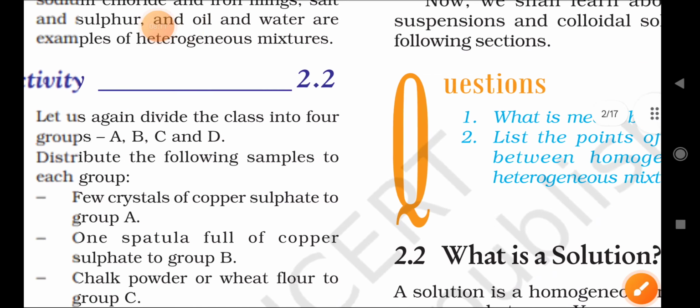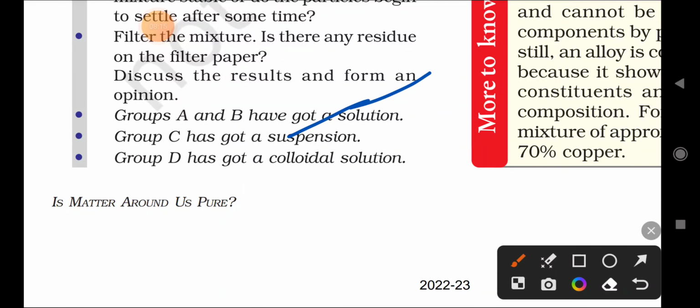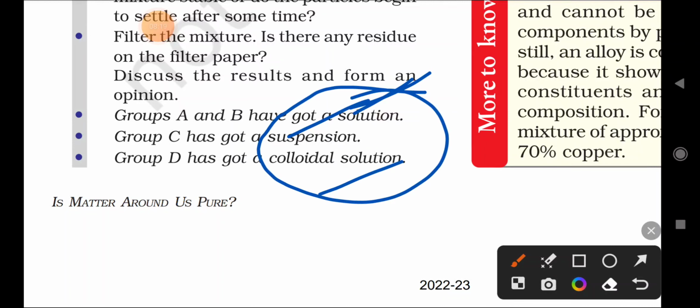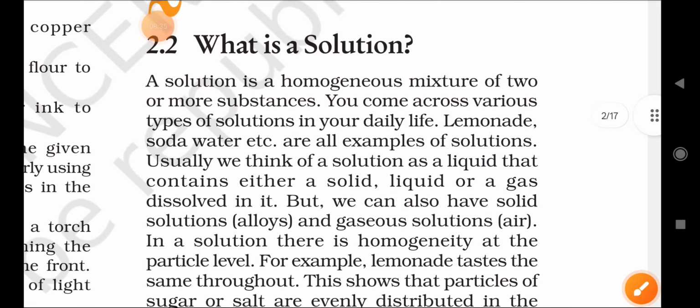In this activity we obtained a solution, a suspension and a colloidal solution, and we have to study these one by one. These are very important for your exam. They will ask you to write the properties of solution, suspension and colloidal solution.